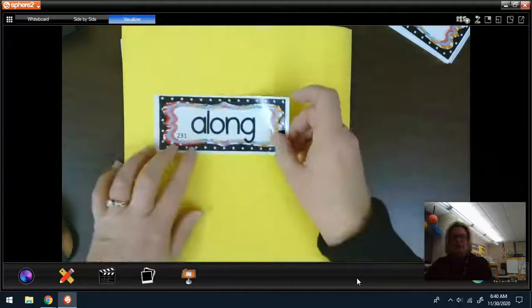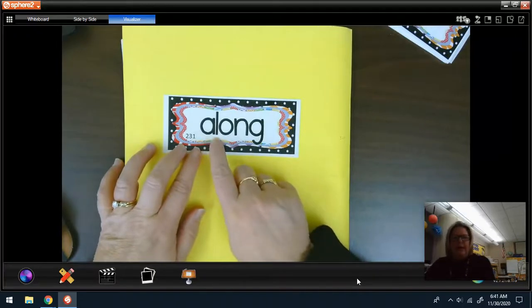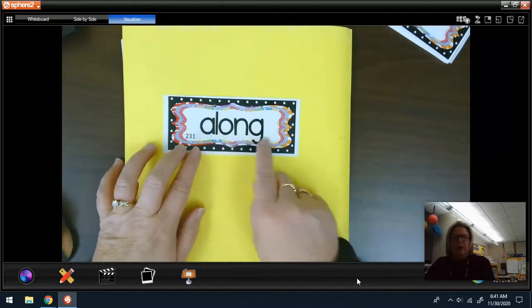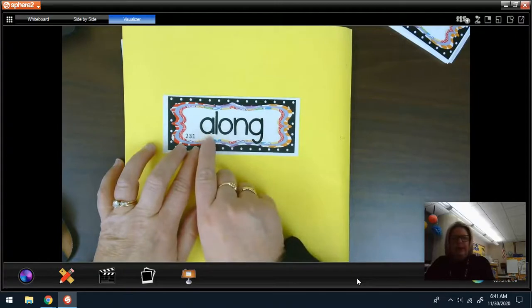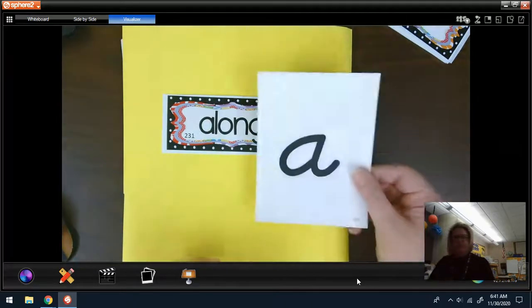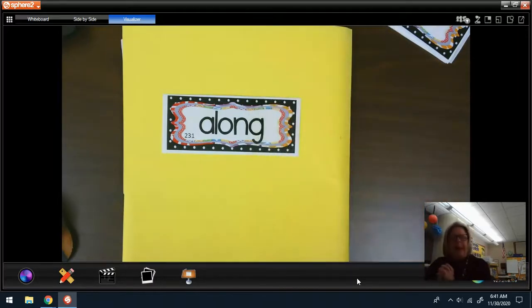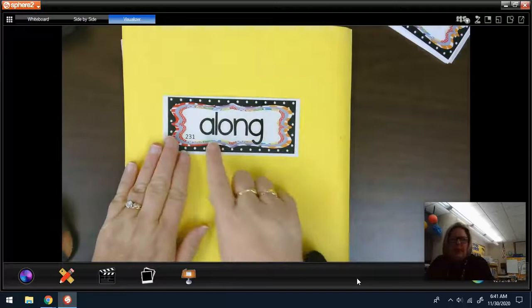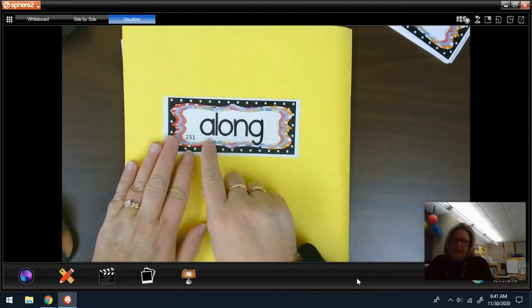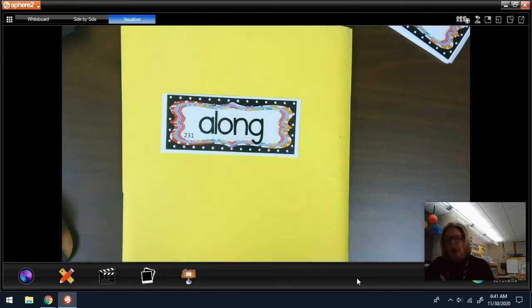All right, our new word today is along. So this word is spelled A-L-O-N-G, along. Now I want you to pay attention to this beginning sound. This is an A. So we just said that A usually makes the sound a or A. But if you think back, sometimes vowels can make the schwa sound.